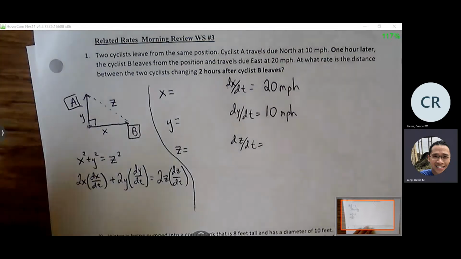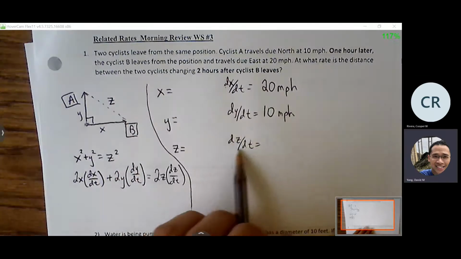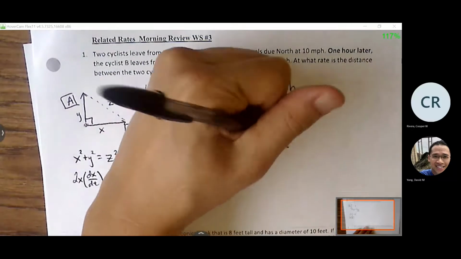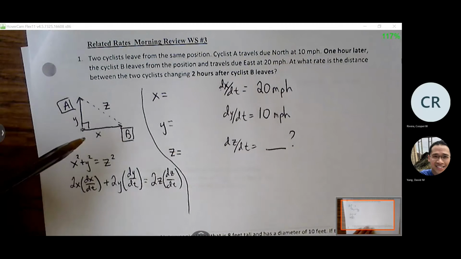Okay, so dc/dt is what we're looking for. We're looking for the rate that the distance between the two cyclists is changing.